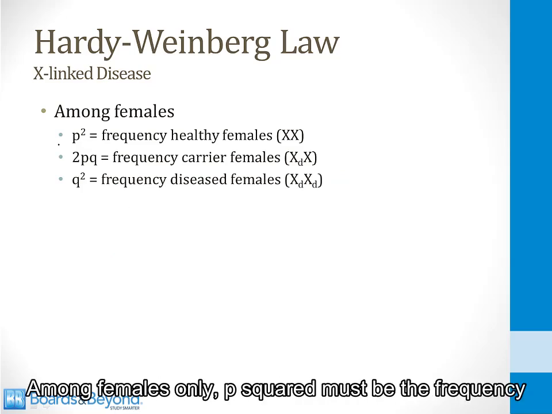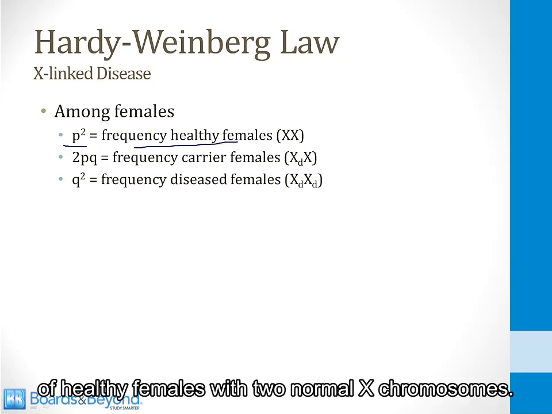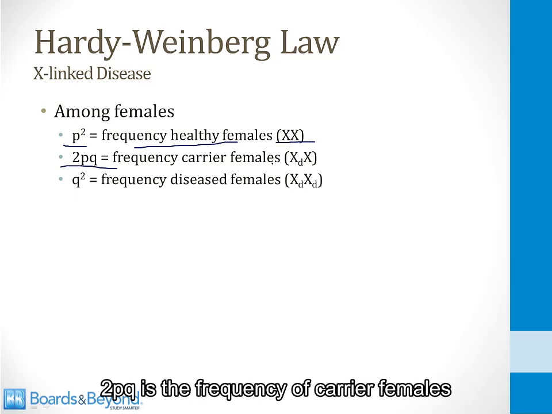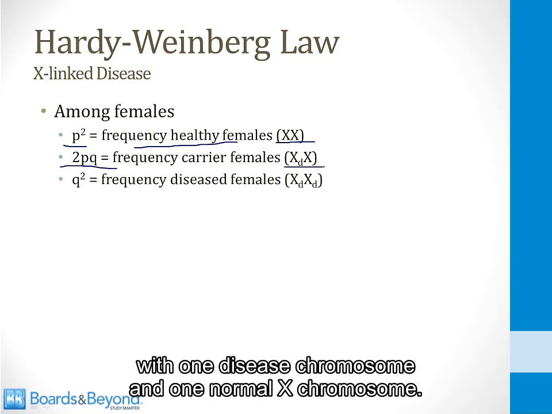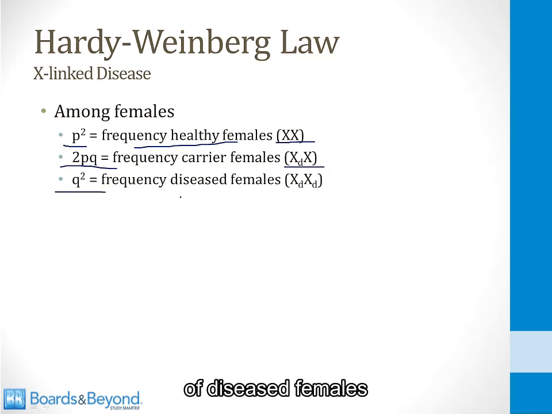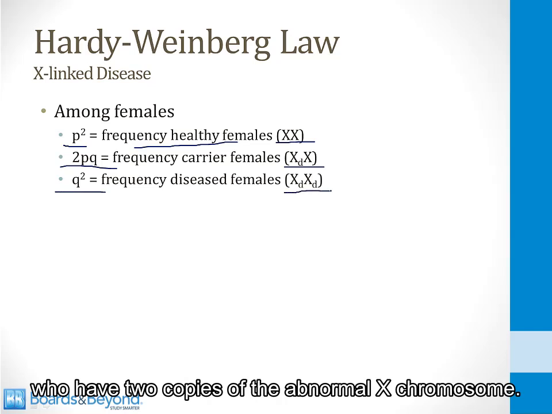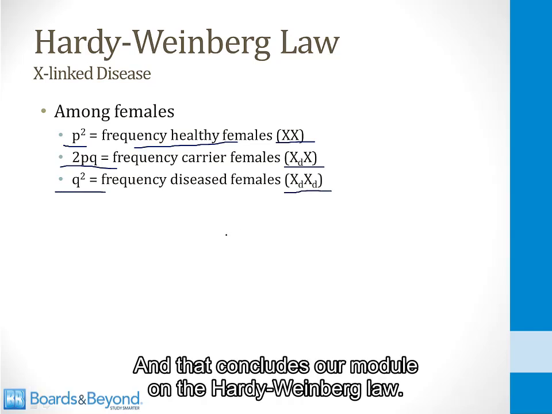Among females only, P squared must be the frequency of healthy females with two normal X chromosomes. 2PQ is the frequency of carrier females with one diseased chromosome and one normal X chromosome. And finally, Q squared is the frequency of diseased females who have two copies of the abnormal X chromosome. And that concludes our module on the Hardy-Weinberg law.